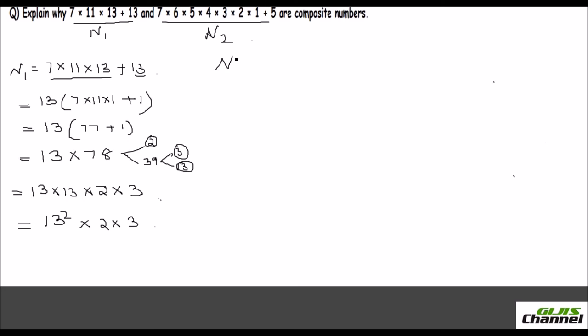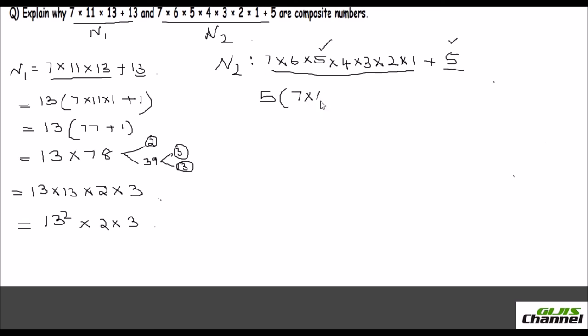Now let's do n2 because we have been given two numbers. So n2 is 7 times 6 times 5 times 4 times 3 times 2 times 1 plus 5, right? So all this is one term and this is another term. So I find 5 as the common factor. Taking the 5 out, I will have 7 times 6 times 4 times 3 times 2 times 1, plus 1, since 5 is gone out.